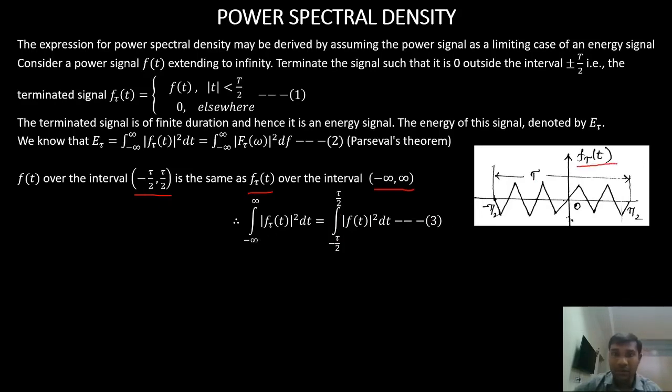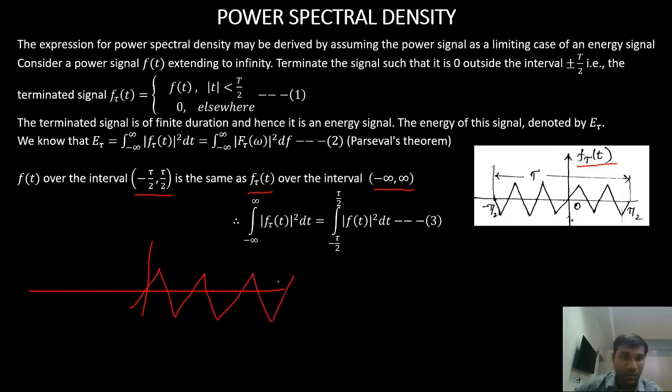so this is my f tau of t, right? The energy from minus infinity to infinity is equal to that of f of t from minus tau by 2 to plus tau by 2. So let me draw a pictorial representation. You will understand it clearly. So this is my f of t.